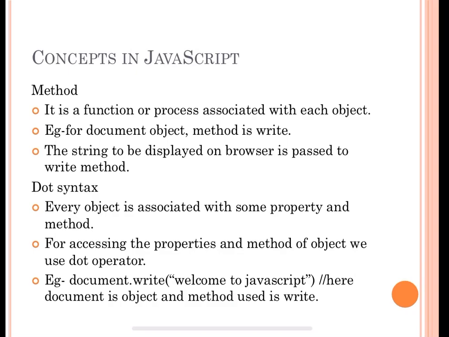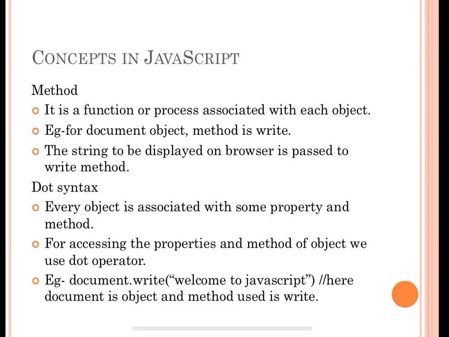Okay, so next is the dot syntax, that is the dot operator. Every object is associated with properties and methods. For accessing these properties and methods of the object, we use the dot operator. An example is given below in the slide, that is document.write welcome to JavaScript. So this is the syntax.